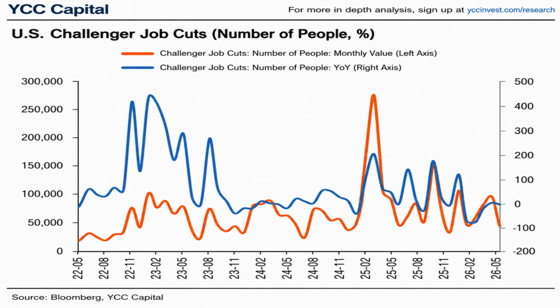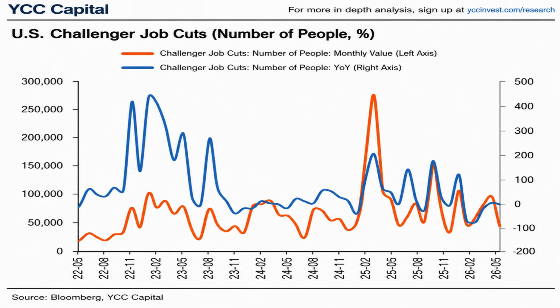Large headline layoff announcements often receive disproportionate media attention, but the broader data suggests these events remain concentrated rather than economy-wide. Most industries continue to retain workers because replacing experienced employees remains costly, and firms remember how difficult hiring became during the labor shortages of 2021 and 2022.